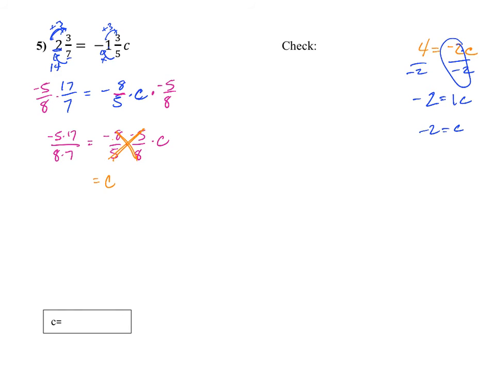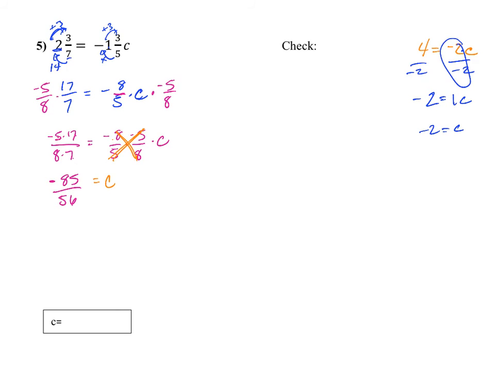And then I can simplify, because now nothing reduces here. 5 is prime, 17 is prime, 7's prime. Nothing reduces, so I'm going to wind up with negative 85, and 8 times 7 is 56.